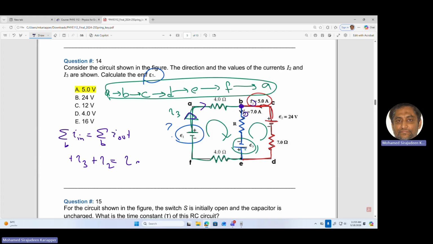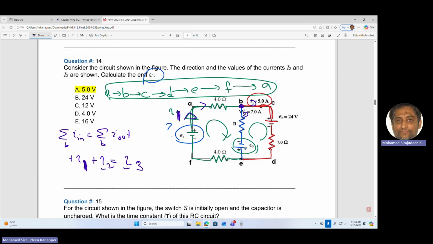This is already I3, so I have to call this I1. I cannot use the same label because I2 and I3 are already given to us. So I1 is the unknown for us.